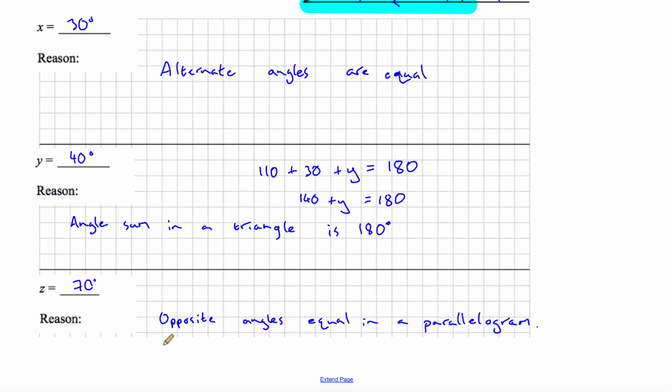And also that angles on a straight line add to 180 degrees. So there's actually two reasons for this.